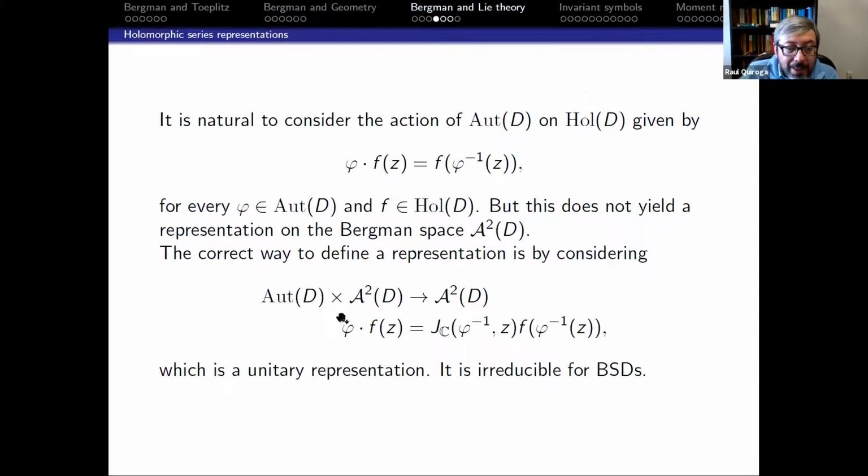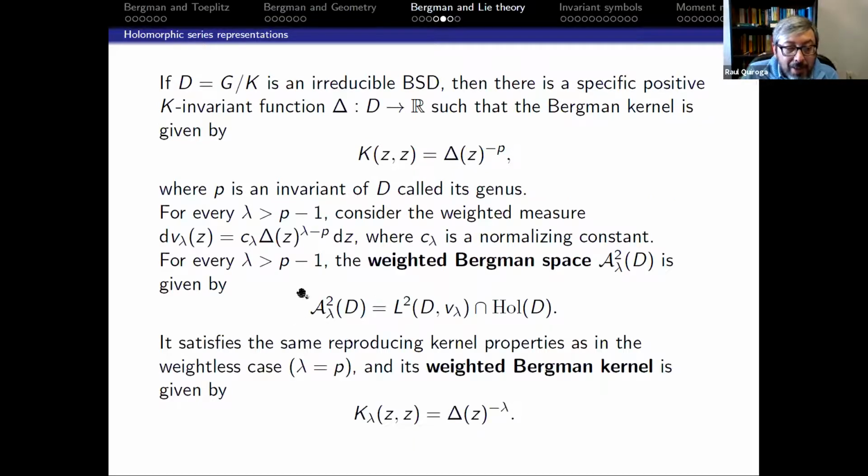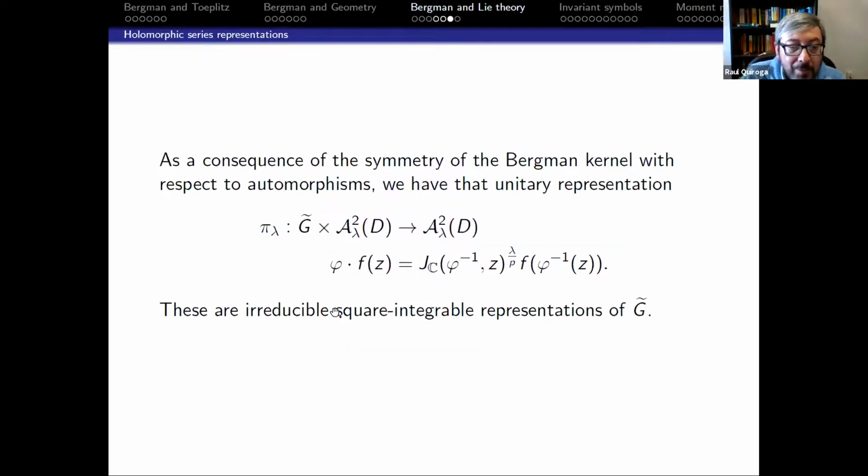For the weightless case, I was able to have an action, a unitary representation. The same is going to happen here. There's going to be a unitary representation on these weighted Bergman spaces. And it is given like this.